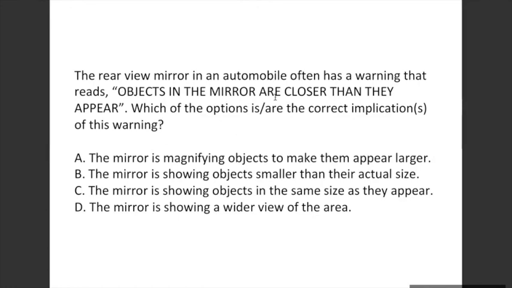Which of the options are correct implications of this warning? A: The mirror is magnifying objects to make them appear larger. B: The mirror is showing objects smaller than their actual size. C: The mirror is showing objects the same size as they appear. D: The mirror is showing a wider view of the area.